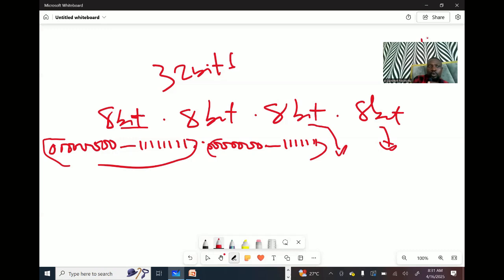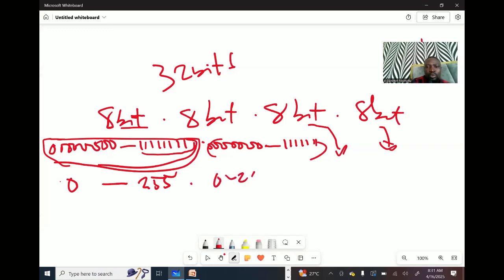If you are to convert this to decimal now, which is the language that everybody understands, that means inside each of the 8 bits, if we have all 0s, this will be 0 in decimal. If you convert all 1s to decimal, this will be 255.